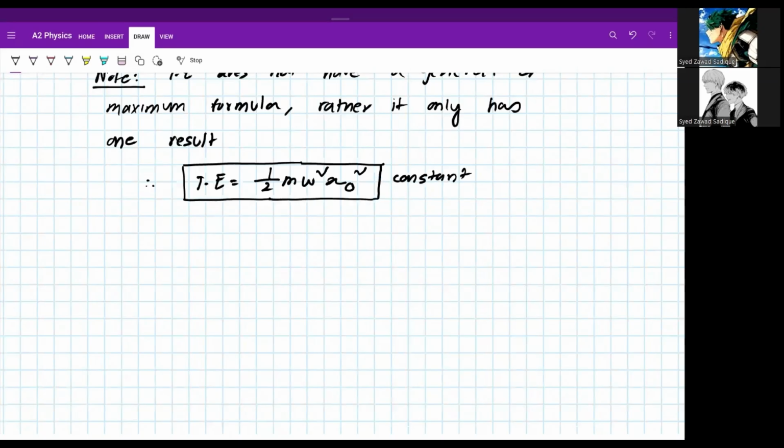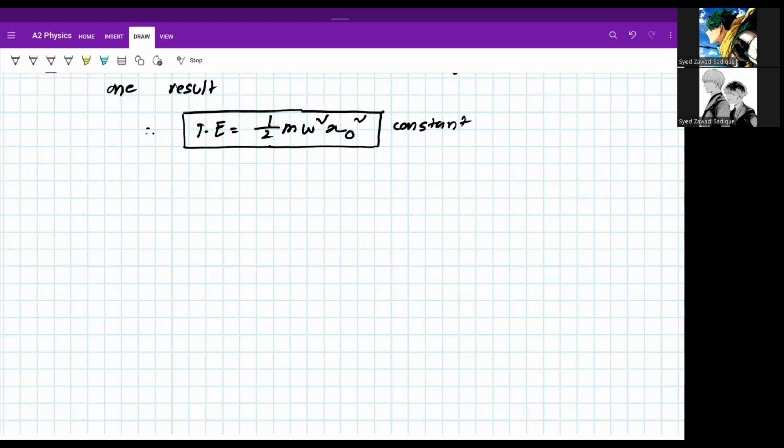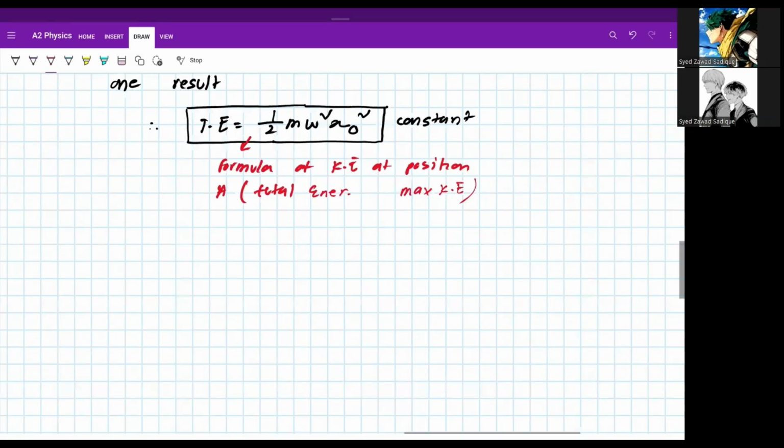Now, if this looks familiar, you are correct because this is the formula of KE at position A. So basically, total energy is maximum KE, so it equals max KE.